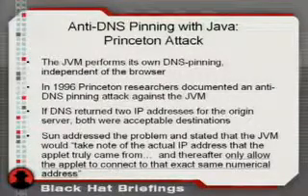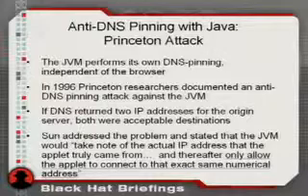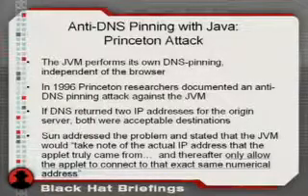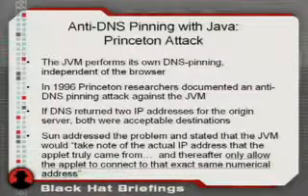Now, the JVM performs its own DNS pinning, and as a result is not going to be vulnerable to the same attacks that we were launching against the web browser. As I mentioned at the beginning of the presentation, the first anti-DNS pinning attack was documented in '96 against the JVM.